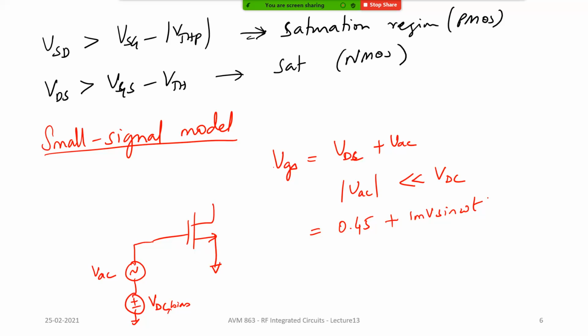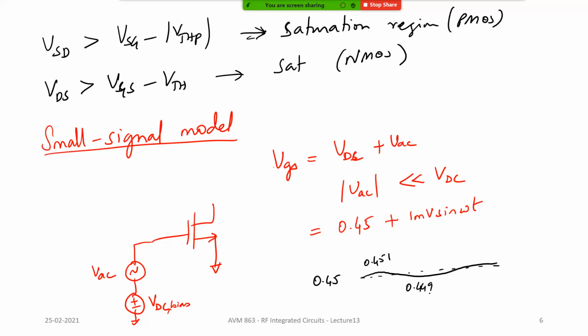Now if you plot this, how will this look? This is my 0.45 volt, and on top of that it's going to be a small sinusoidal voltage, which let's say goes up to 0.451, and this is going to be 0.449. This is an example of a small signal voltage.